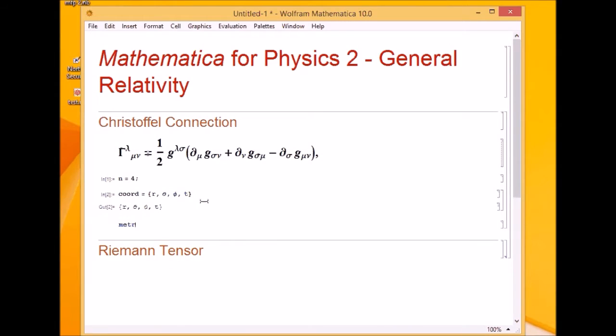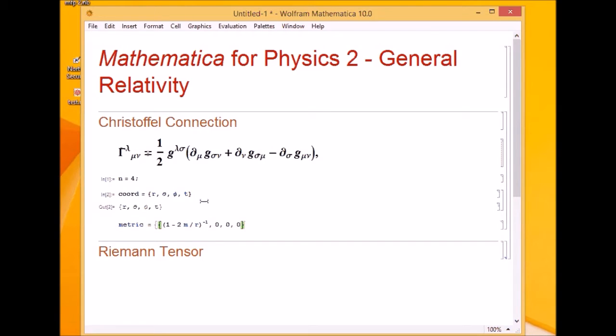So now I give my metric. So the metric is the regular Schwarzschild spherical metric, which is given by, let me enter it first, 1 minus 2m by r, and this is to the power of minus 1, and then 0, 0, 0.